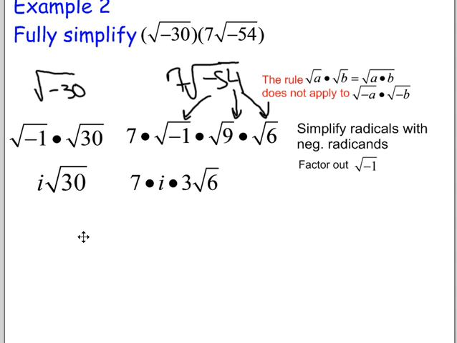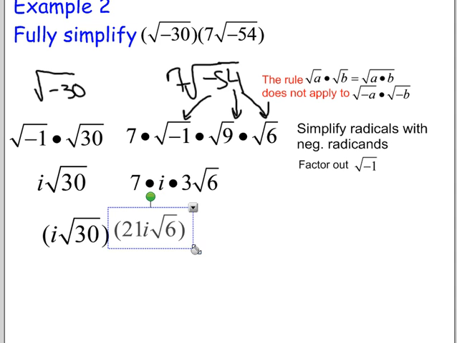Now we could rewrite it like this. We got i radical 30 multiplied by 21i radical 6. So now it's a multiplication problem again. Now you have positive radicands. Do you see that? You got a positive 30 under the radical and you got a positive 6 under the radical.